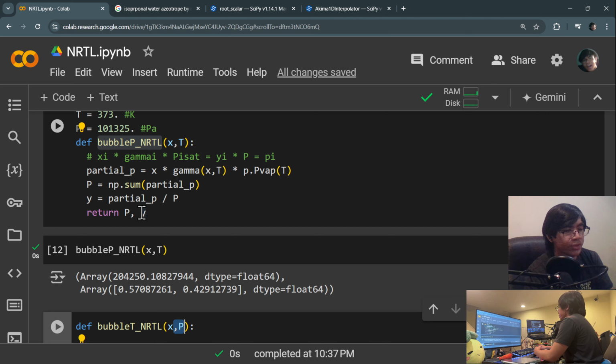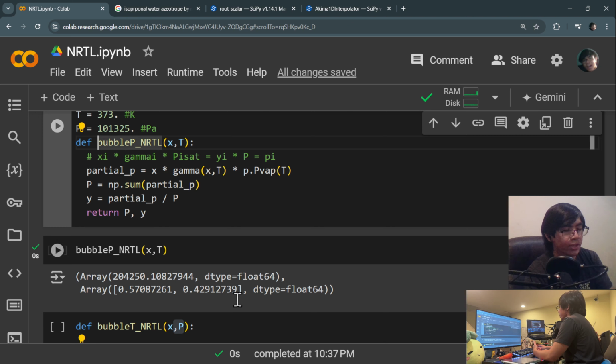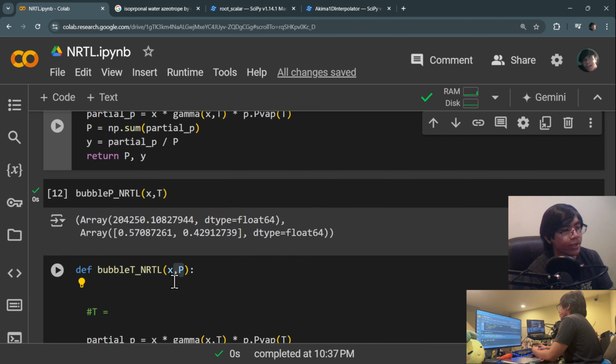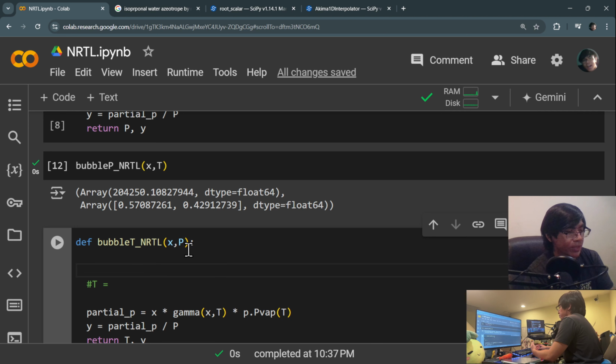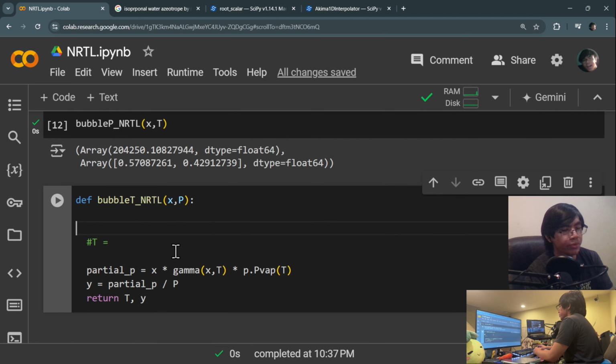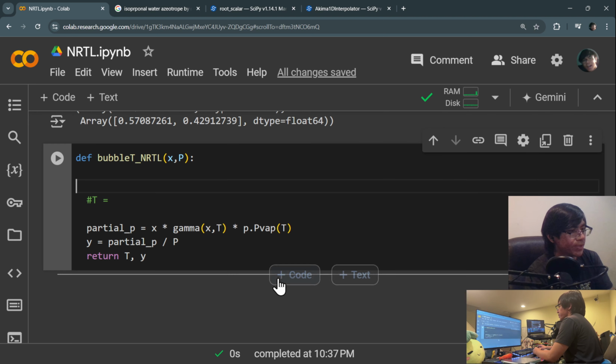It finds the zero of the function. So define a function that is essentially returning the zero, or at least the difference between these two. And yeah, that's pretty much it. And then we set T to whatever attribute of root scalar gives us that temperature. And I think we'll want to do that as a result. So the best way to do this, maybe we could do it outside for a little bit.